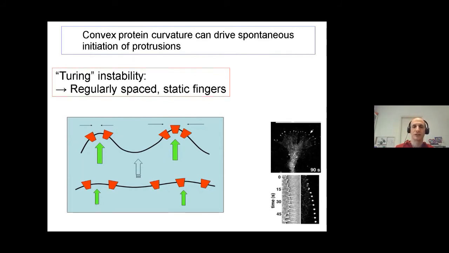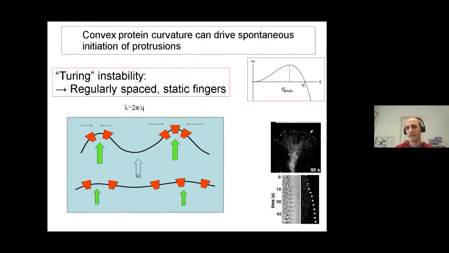You can actually calculate that indeed there is what is called the Turing instability, or a finite wave vector instability, which means that if you calculate the rate of growth of an initial perturbation at some wave vector, you find that given the right conditions, there can be a shape of this form, which means that there is a region of wave vectors between 0 and some largest wave vector denoted here, where the growth rate of these fluctuations is real and positive, which means that it actually grows exponentially.